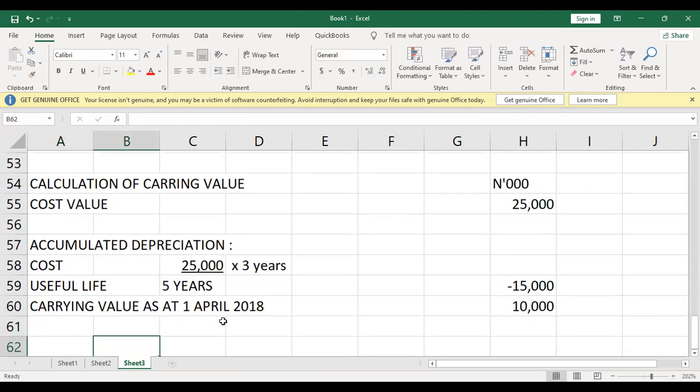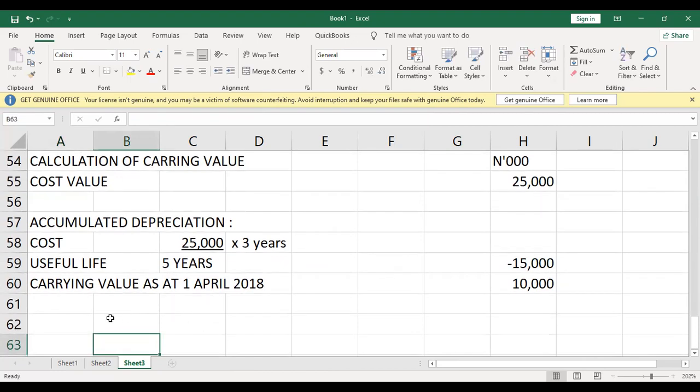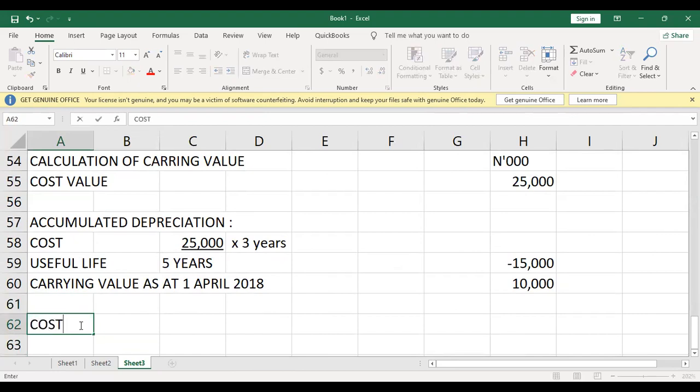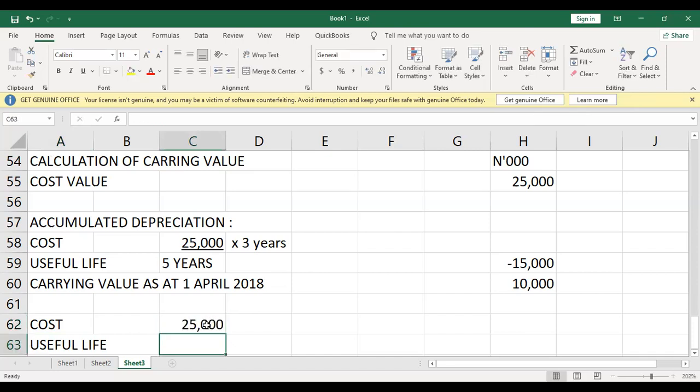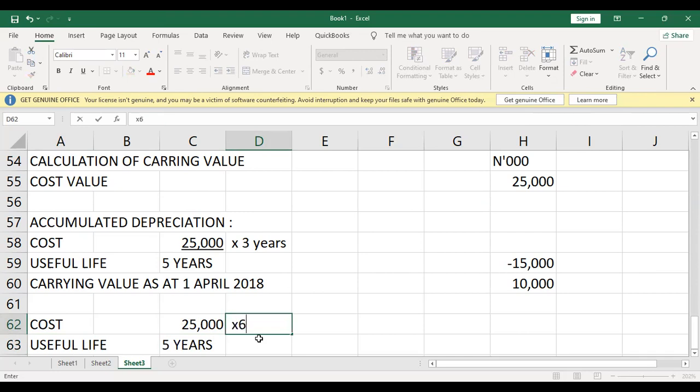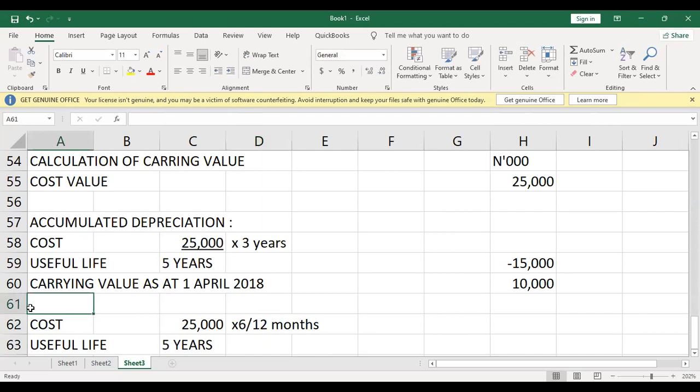So we'll still repeat same cost, useful life, multiply by 6 all over 12. What do we have? 5.2 million?